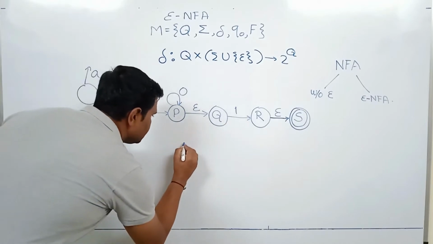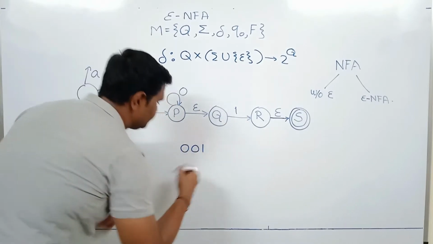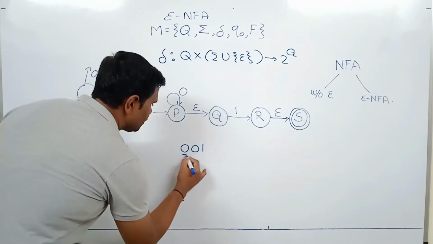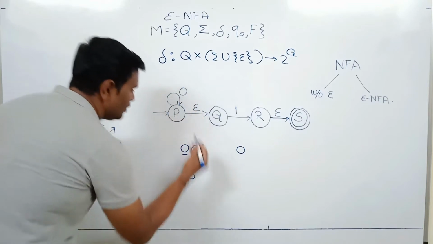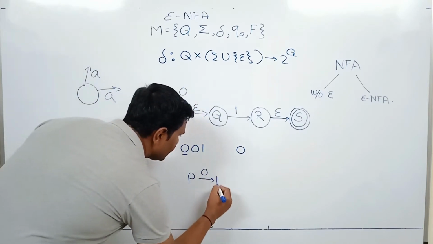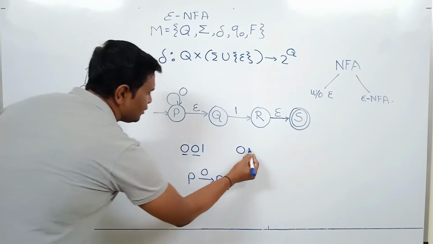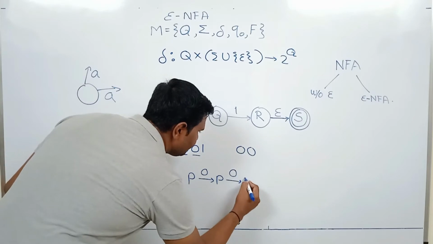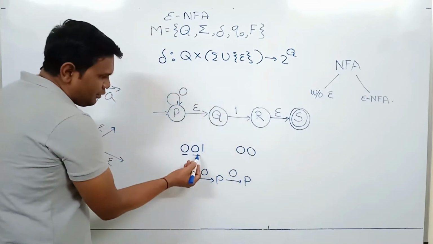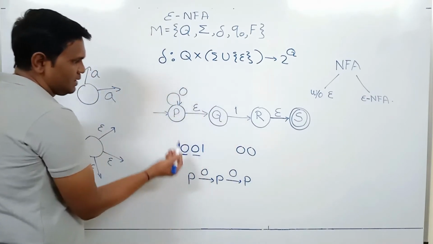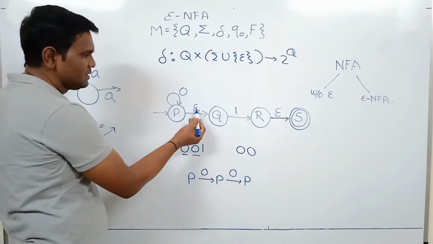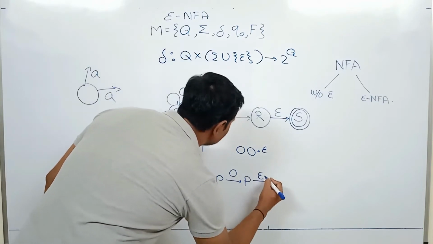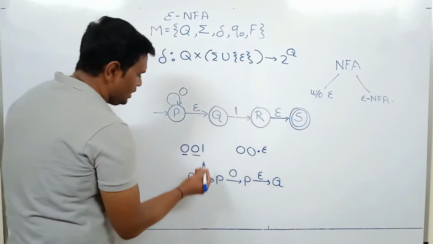Now consider string 001. We start from initial state P. First we process 0. So P on 0 remains in P. Then we process the next 0. P on 0 again remains in P. Now the next input symbol is 1. Here we do not have a transition for 1, but we have a transition for epsilon. So now we process epsilon. P on epsilon goes to Q. Now we process 1.